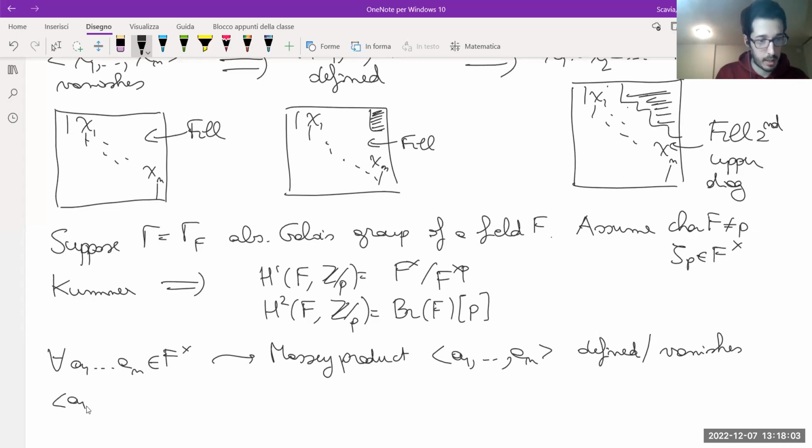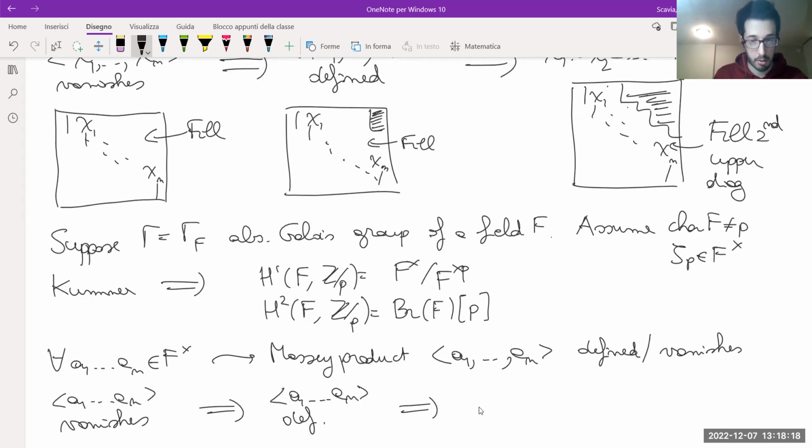So again, we have that if the Massey product of a1 through an vanishes, then it is defined. And if it is defined, the cup products are zero. What are the cup products here? Say we're doing it with respect to the prime P. So we get the mod P cohomological symbols (a1, a2), up to (an-1, an).